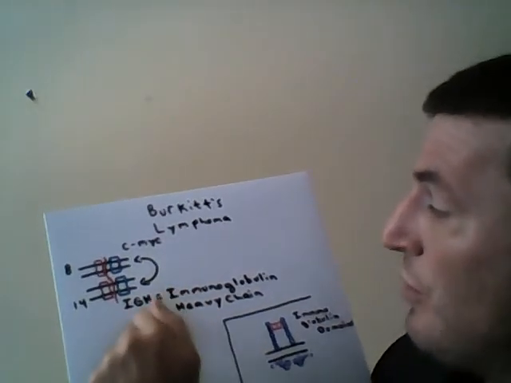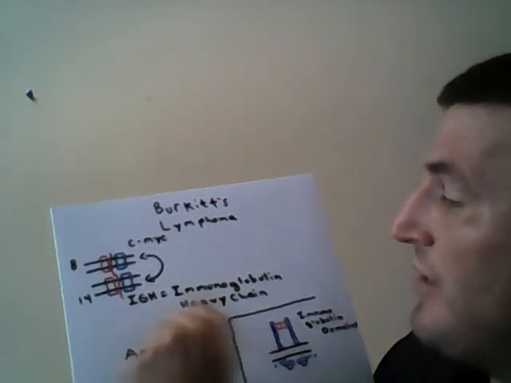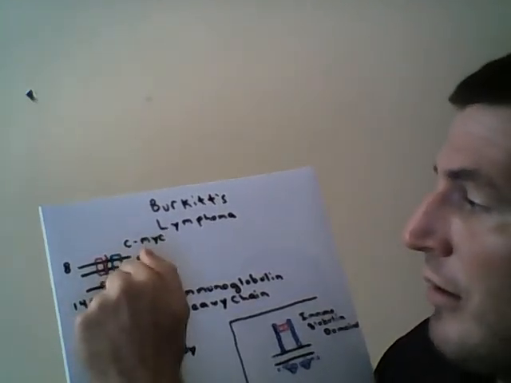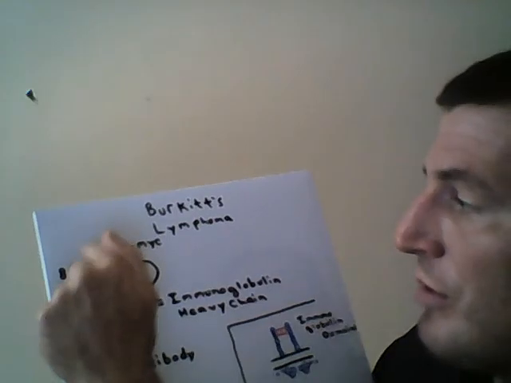What happens to the immunoglobulin heavy chain allele goes up to 8, and that has a very slow acting promoter region, and that really doesn't drive towards cancer. If anything, it's going to drive towards a lower immune response, because now it's going to make the immunoglobulin heavy chains at a much slower rate.